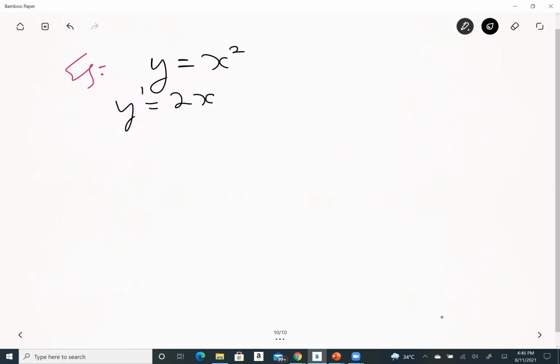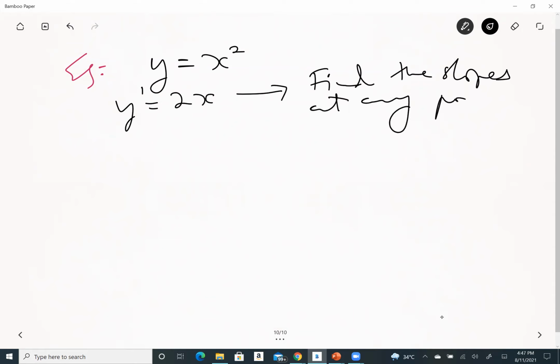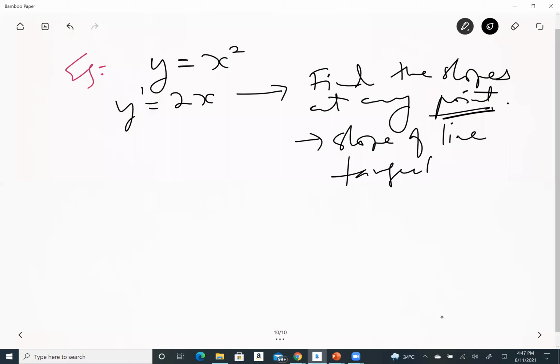That is the derivative, and we can use it to find the slope at any point. The slope is the slope of the straight line tangent to y at that point.